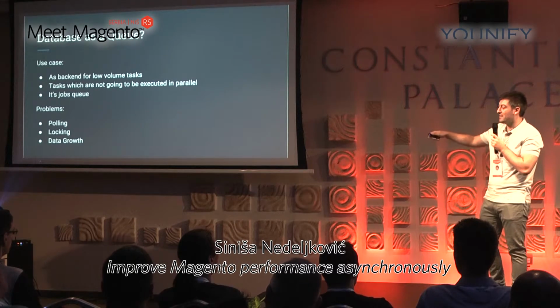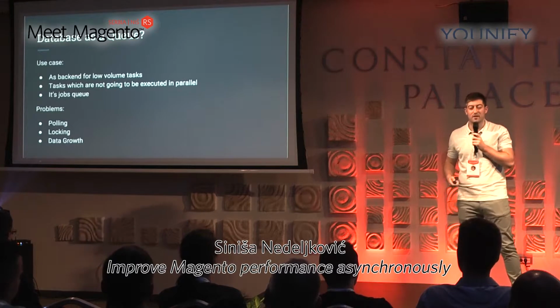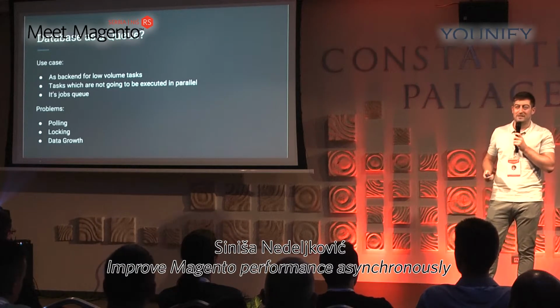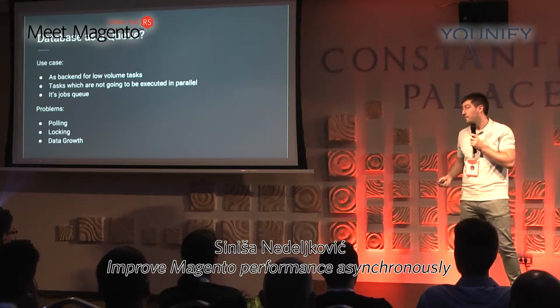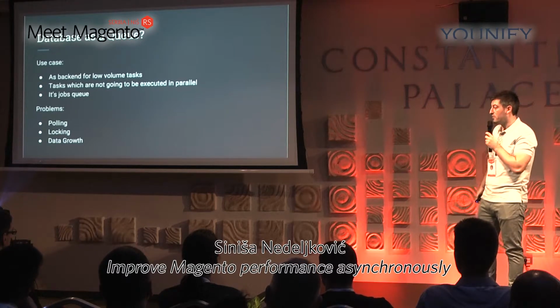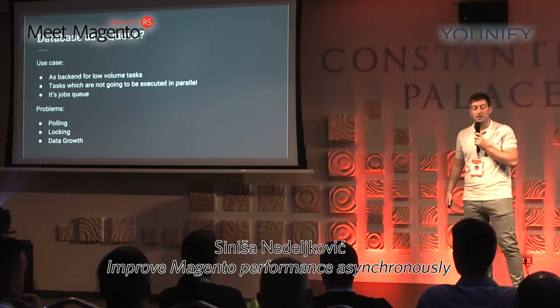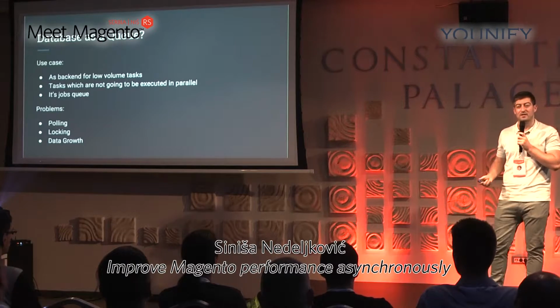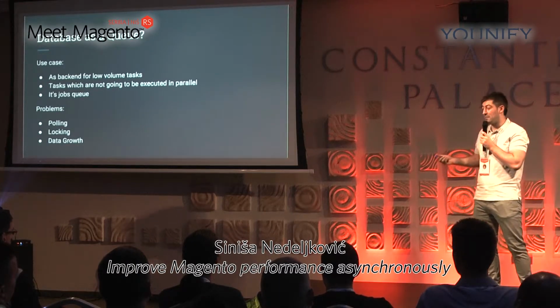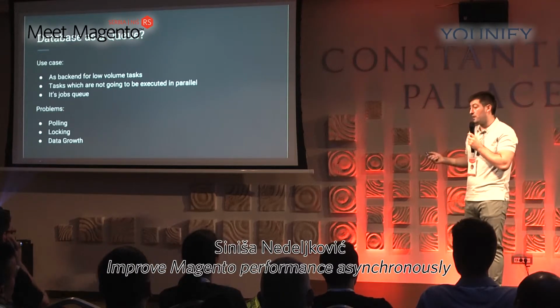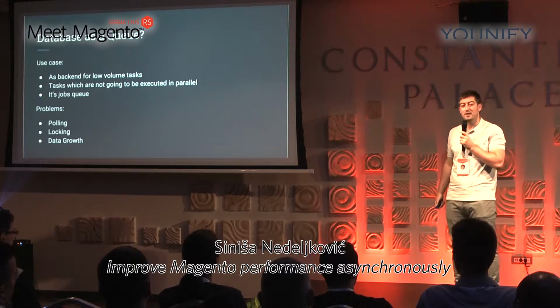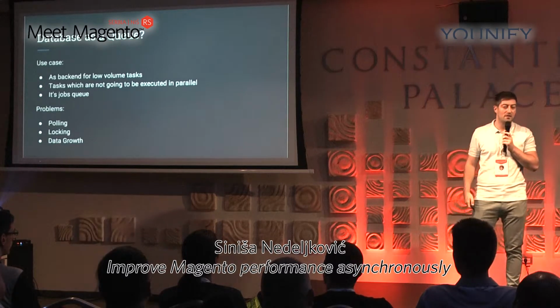All those problems can be solved. There are some ways to overcome them, but still it's a hack. For example, polling, which means that you don't have a way to be notified when something new comes to our queue. Postgres has that possibility, but unfortunately Magento doesn't use Postgres.